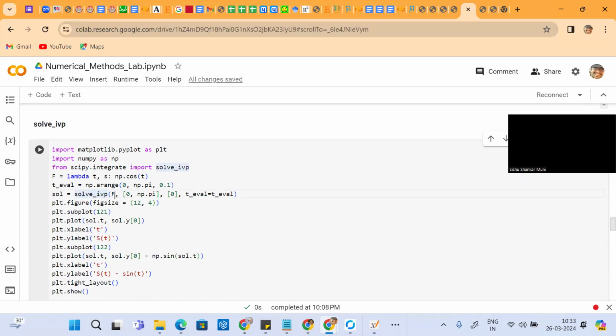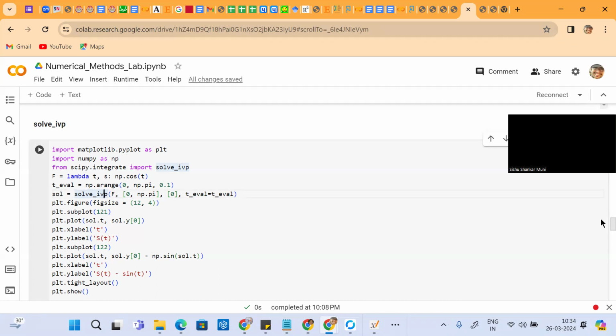What is t_eval? T_eval is your span. After that, you will just get your output. So you have to import solve_ivp and put your required input to it: the initial condition, the function, and the time span. And that's it.